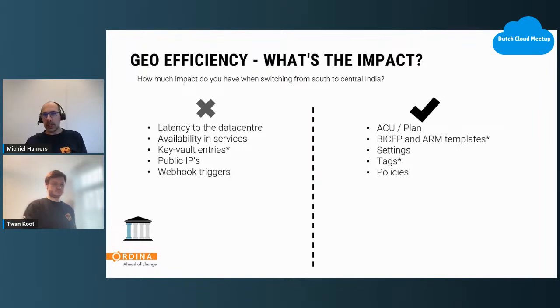And Tuan, can you explain a bit about the ACU? Yeah. Further down the presentation I'll give a more detailed explanation. But ACU is a metric from Microsoft on how much horsepower a compute service has.